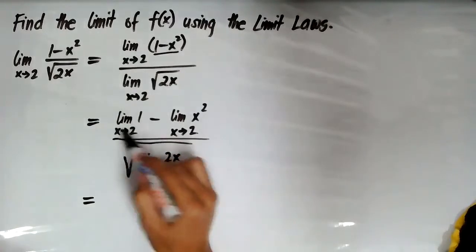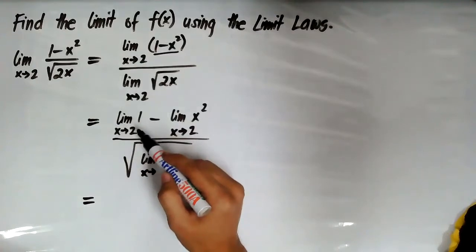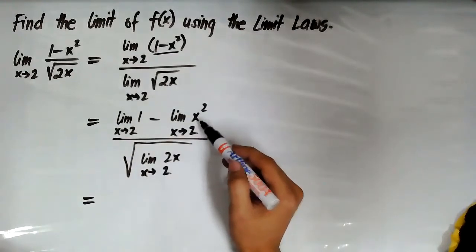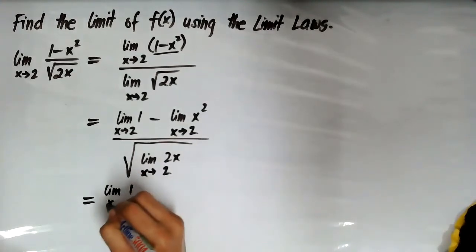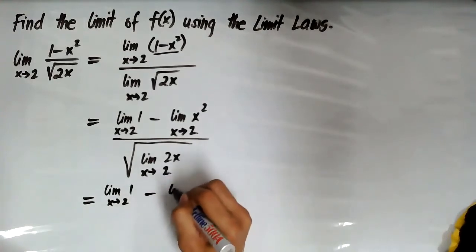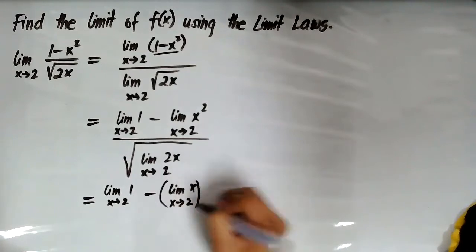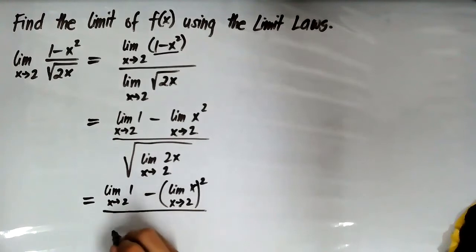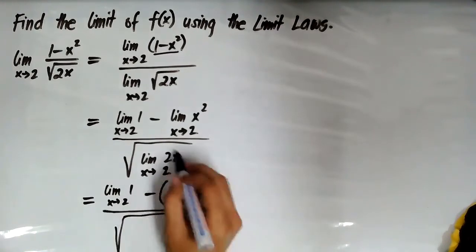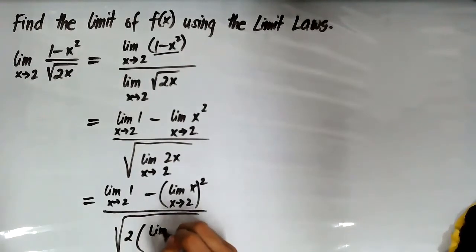So in the first term of your numerator, that's the constant. You can basically simplify this by using the constant function. And in your second term, let's apply here the power of a function. So this will be equal to the limit of 1 as x approaches 2 minus the limit of x, get first the limit of x as x approaches 2 before you raise it to your exponent, all over the square root of, let's apply the constant multiple here, 2 times the limit of x as x approaches 2.